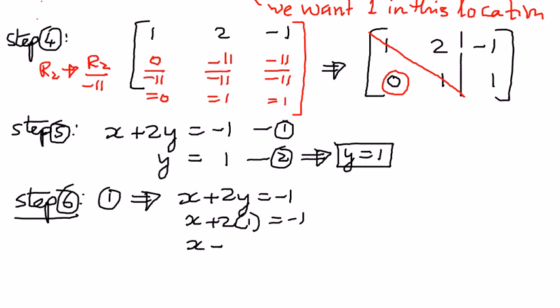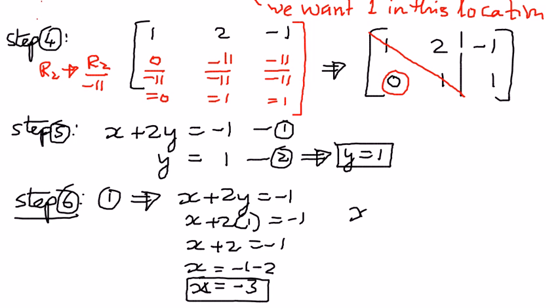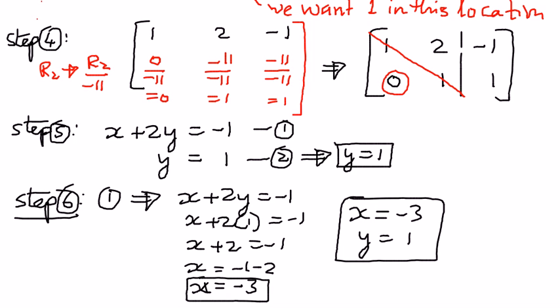So x plus 2 is equal to negative 1, or x equals negative 1 minus 2, that is going to be equal to negative 3. Therefore the value of x is equal to negative 3. The solution therefore is x equals negative 3, y equals positive 1. So we got the solution.